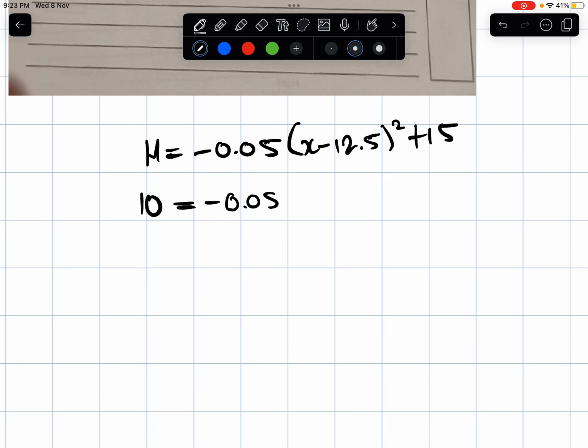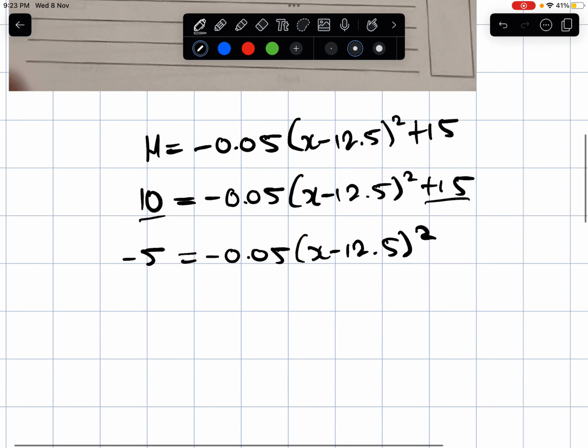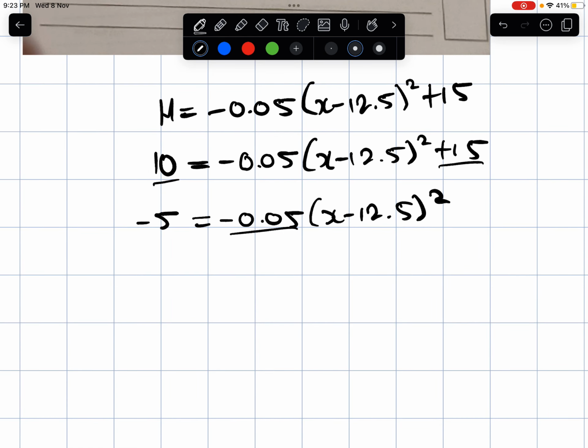So let's just sub in our h equals 10 because that's the level we're at. 10 equals negative 0.05 (x minus 12.5) squared plus 15. You subtract 15 from both sides. So negative 5 equals negative 0.05 (x minus 12.5) squared. And then you divide both sides by negative 0.05.